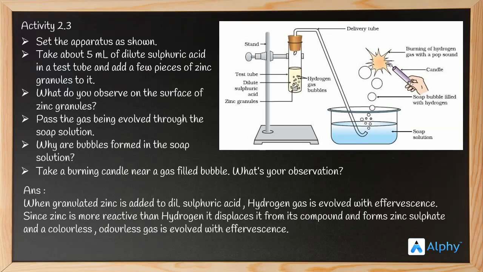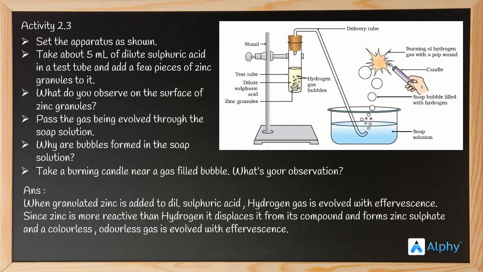When dilute sulfuric acid reacts with zinc granules, we will see hydrogen gas being evolved with effervescence. What does effervescence mean? Effervescence means formation of small bubbles near the surface. And so point number 3 was: what do you observe on the surface of zinc granules? We observe these small hydrogen bubbles. So the first observation is met.